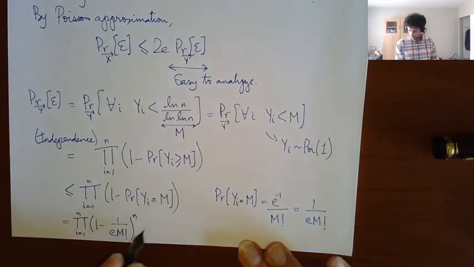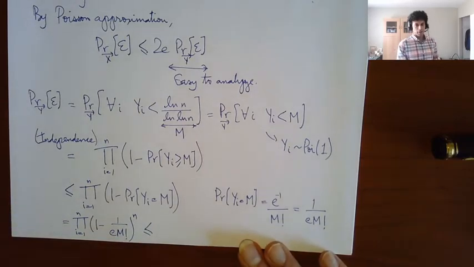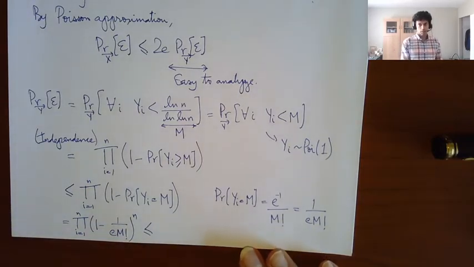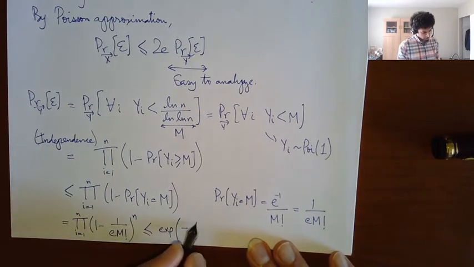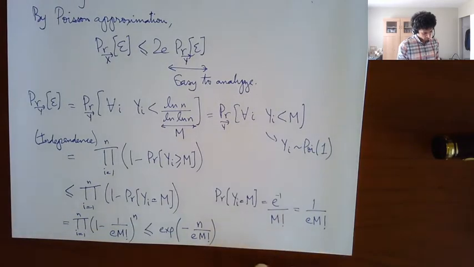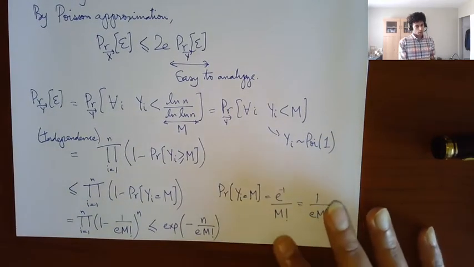Now using my favorite approximation, 1 minus x being less than e to the minus x, I get this as exp of minus n divided by e M factorial. Okay, now stare at this for a while.